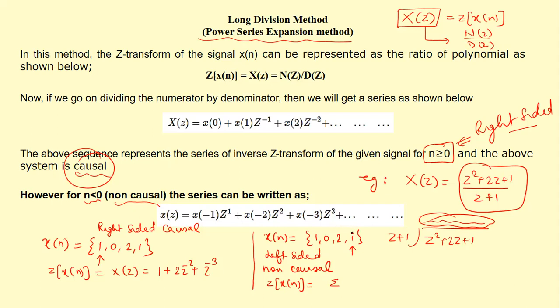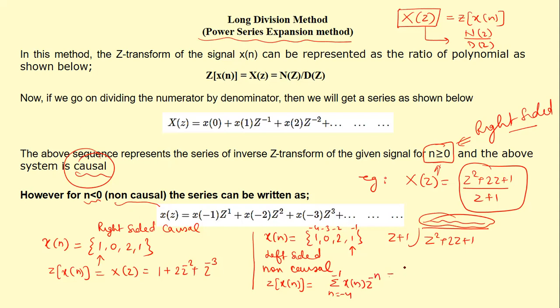Generally we do not take 0 here, because if the limits go up to 0, it would be a causal sequence and come under the previous case. A non-causal sequence generally has the negative points on the time axis, that is, the future values. So it is x(n) z raised to the power minus n.